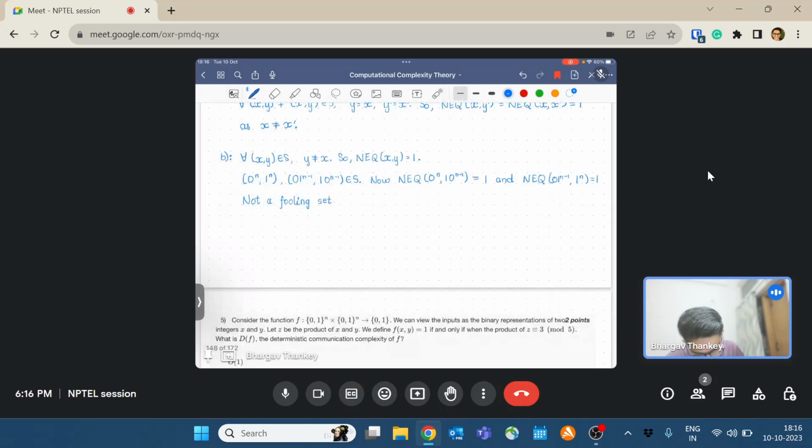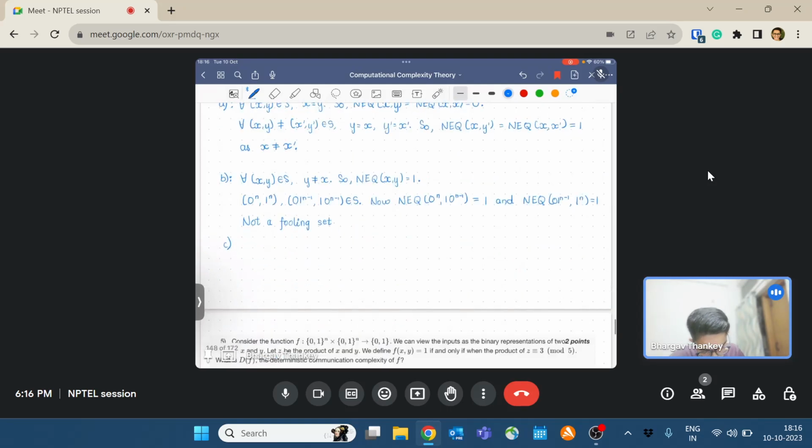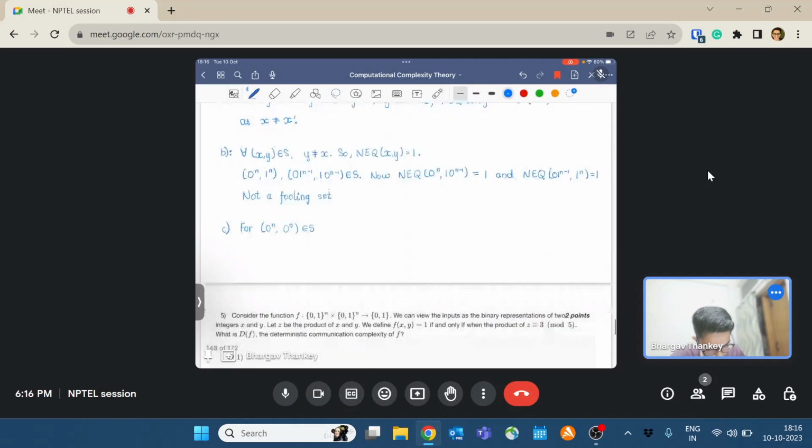Similarly for C, it's (0^n, 0^n) and (0^n, 1^n). For (0^n, 0^n), which is in S, NEQ is 0 because they are equal.